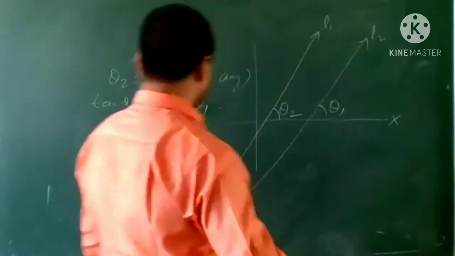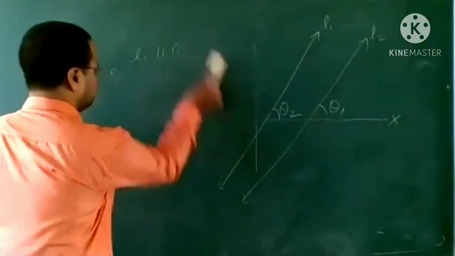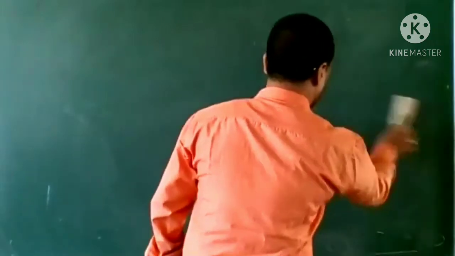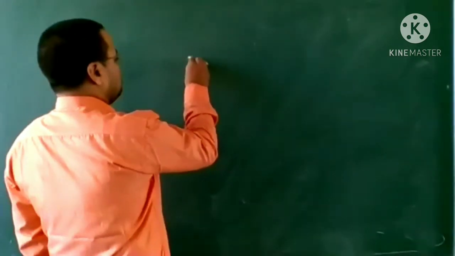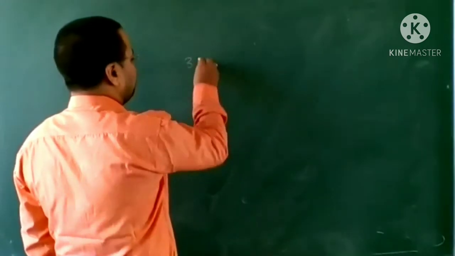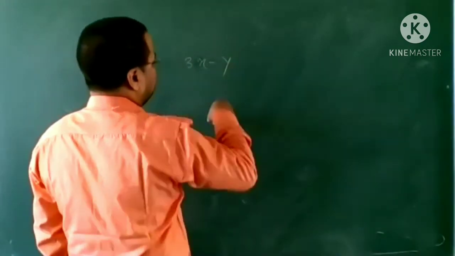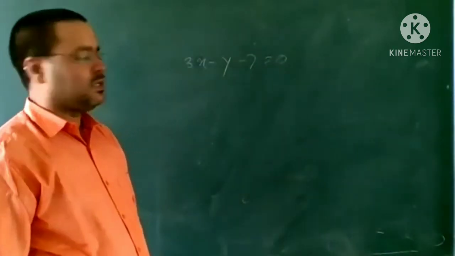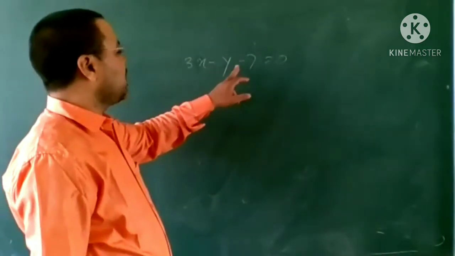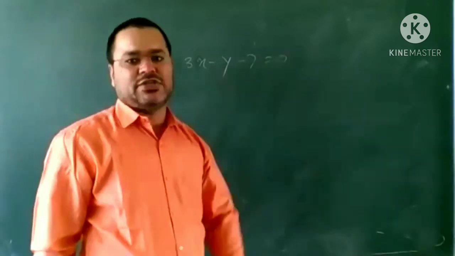For example, let us take one example. If I am writing here 3x minus y minus 7 is equal to 0.